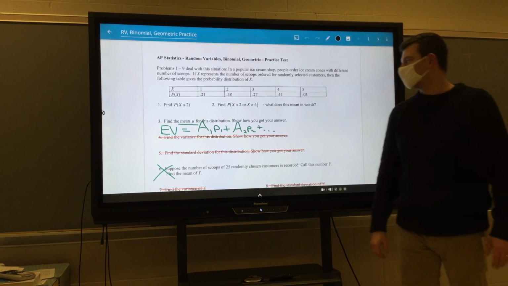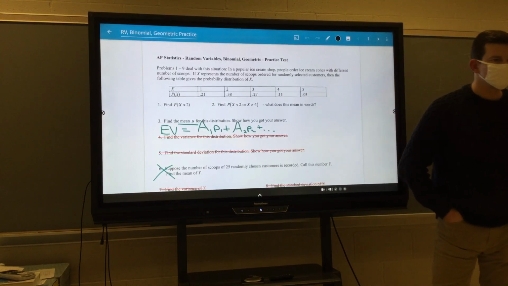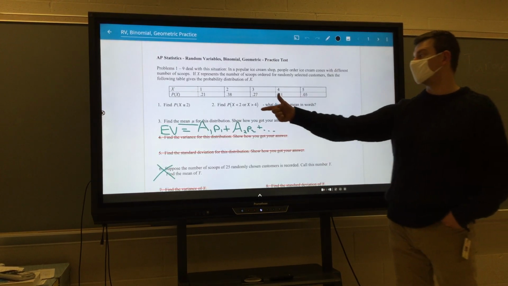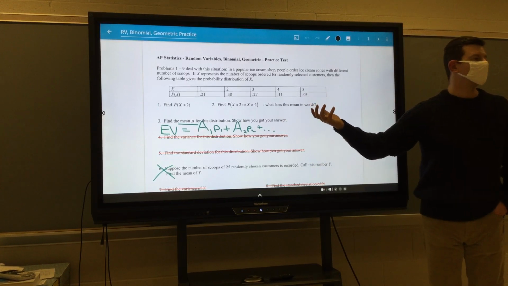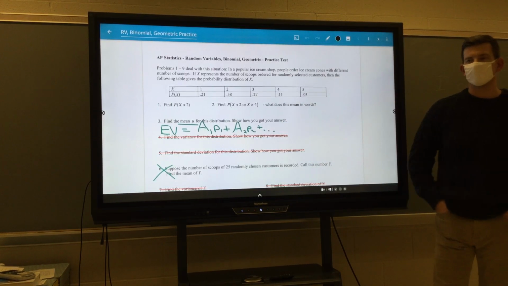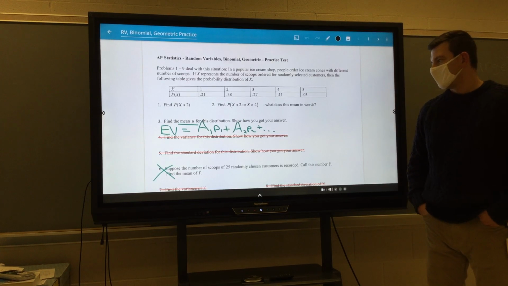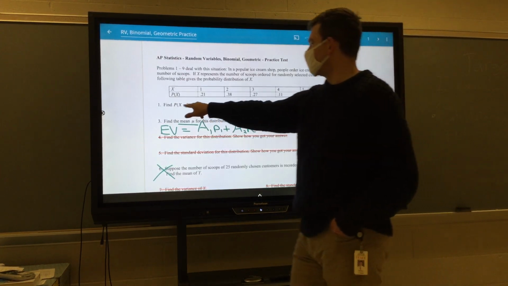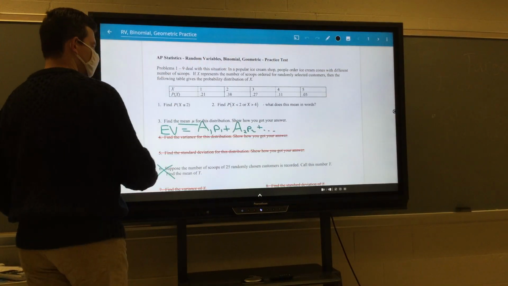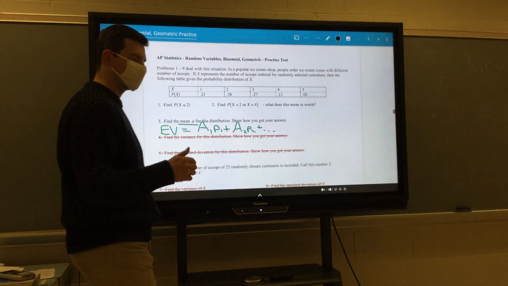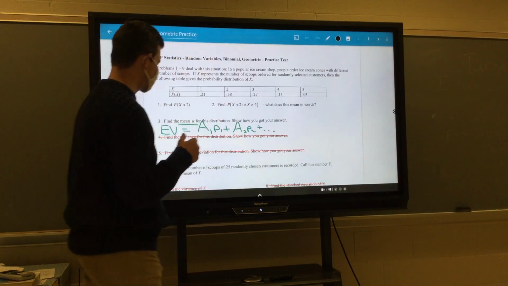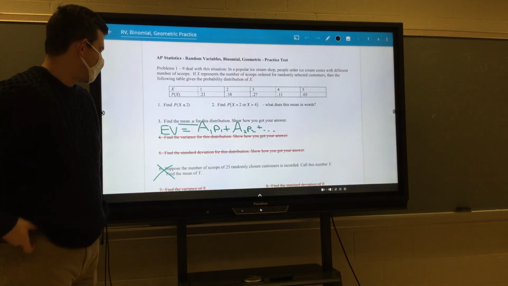So you can get 1, 2, 3, 4, or 5 scoops with your purchase, and the probabilities of their customers buying those things. You can see, pretty small, 3% chance that a customer gets 5 scoops of ice cream. So you're using this to calculate some probabilities. Probability X is less than or equal to 2, meaning that a customer gets 2 or fewer scoops. You can add those together.